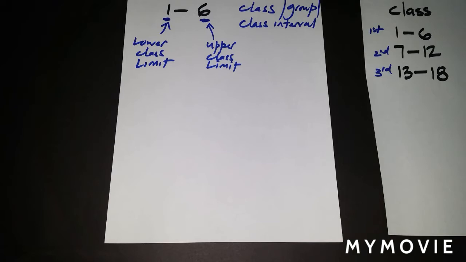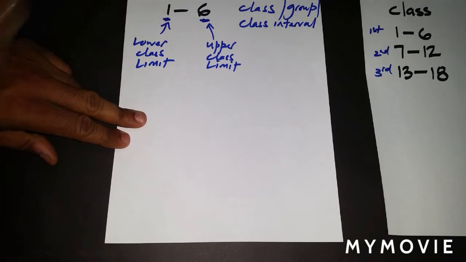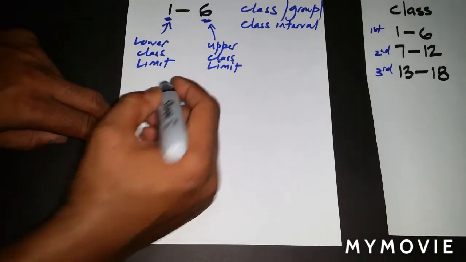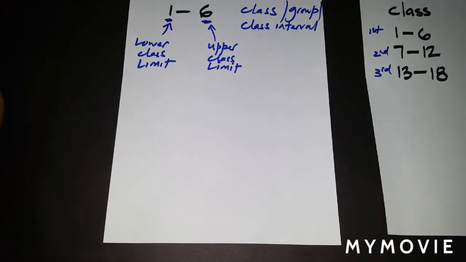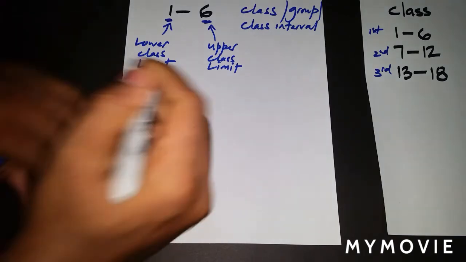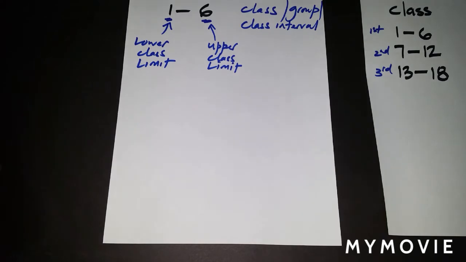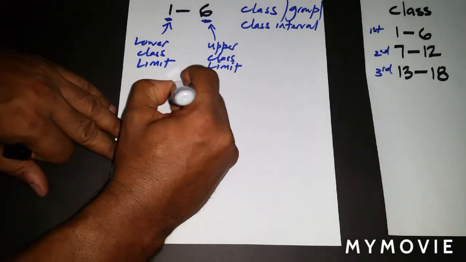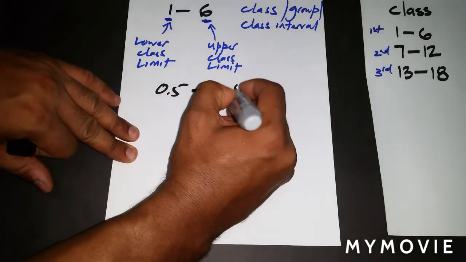And I said before, when you start looking at graphs and drawing statistical diagrams, you're going to appreciate that some more. But for the class boundaries for these classes, remember I said just take 0.5 from one side and add it to the other side. It's as simple as that. So this would become 0.5 and 6.5, so 0.5 to 6.5.